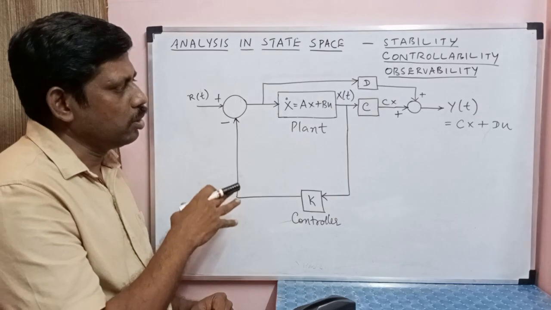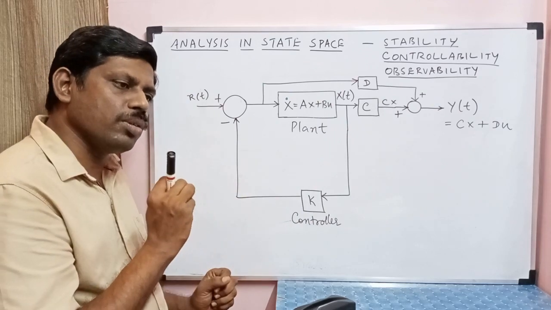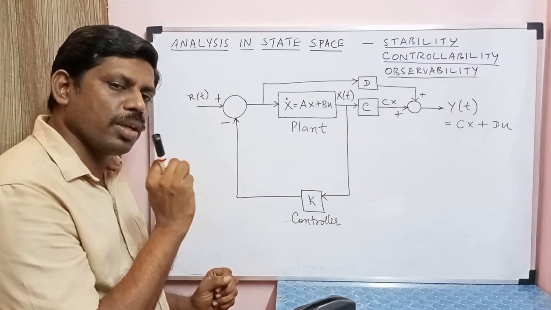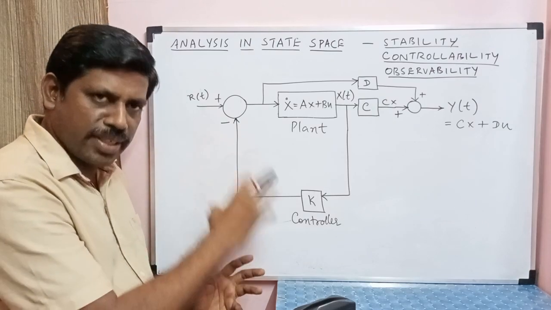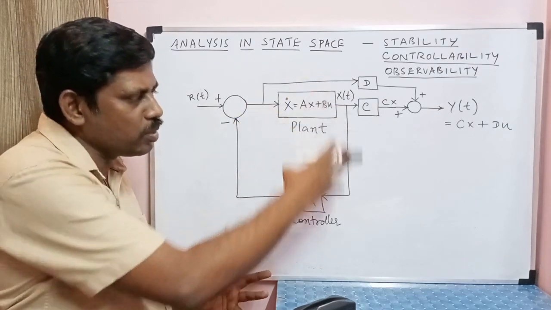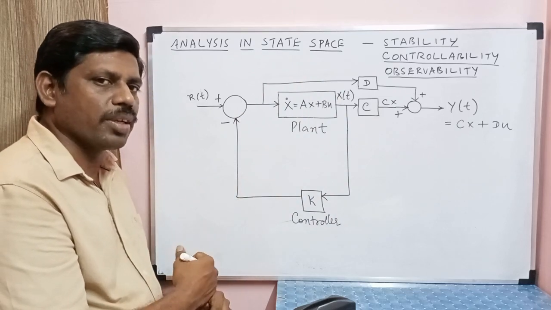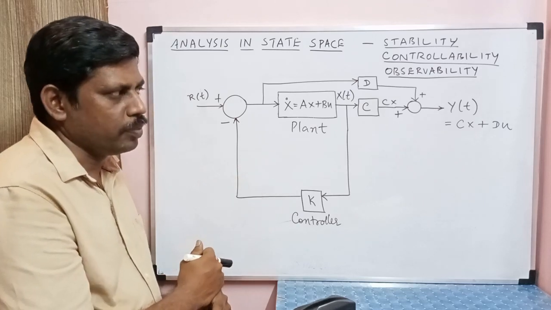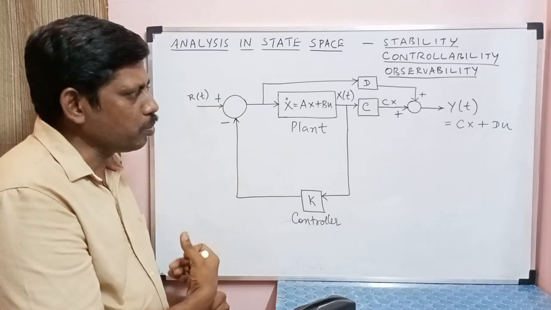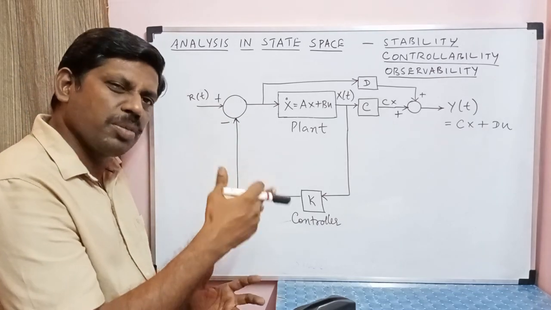One thing is, the number of states in a system may be excessive, so that the cost of implementing the sensors or sensing the variables will be huge, and therefore it may not be practically possible in all the systems. And the second problem is, some of these state variables may not be accessible.